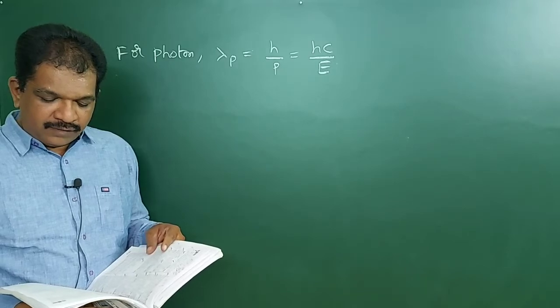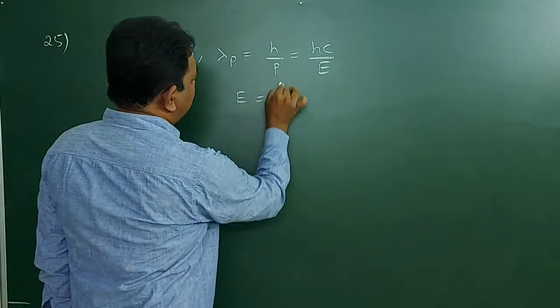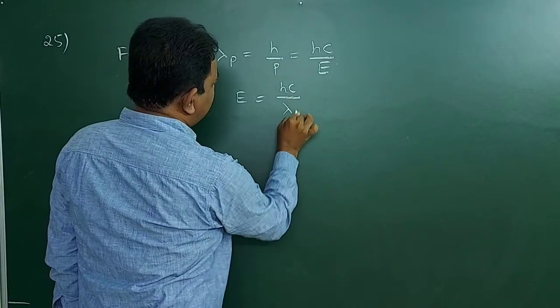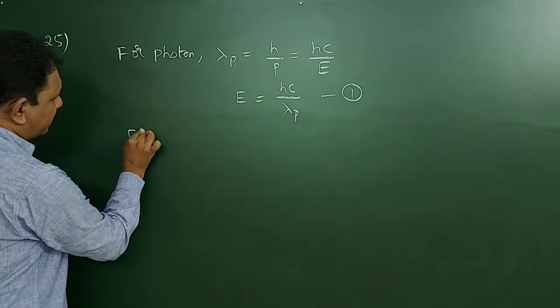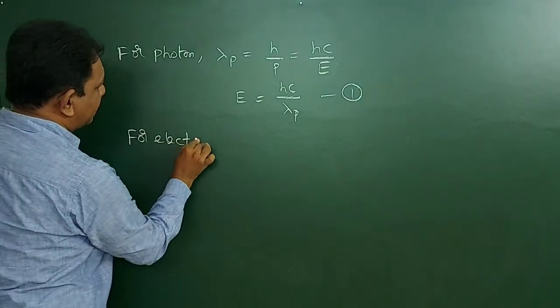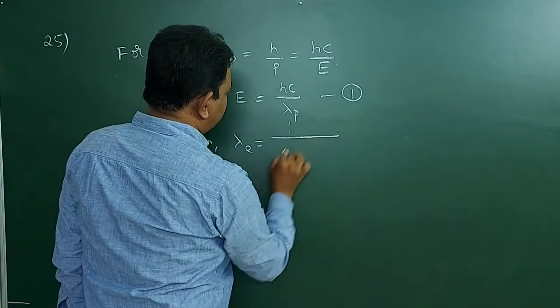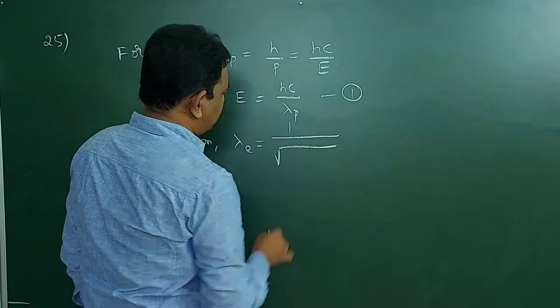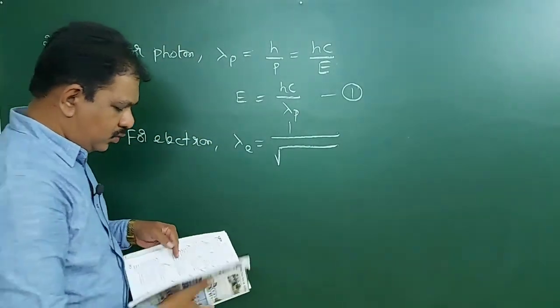From this, E is equal to hc by lambda. Next, for the electron, lambda E is equal to h by root of 2mE.